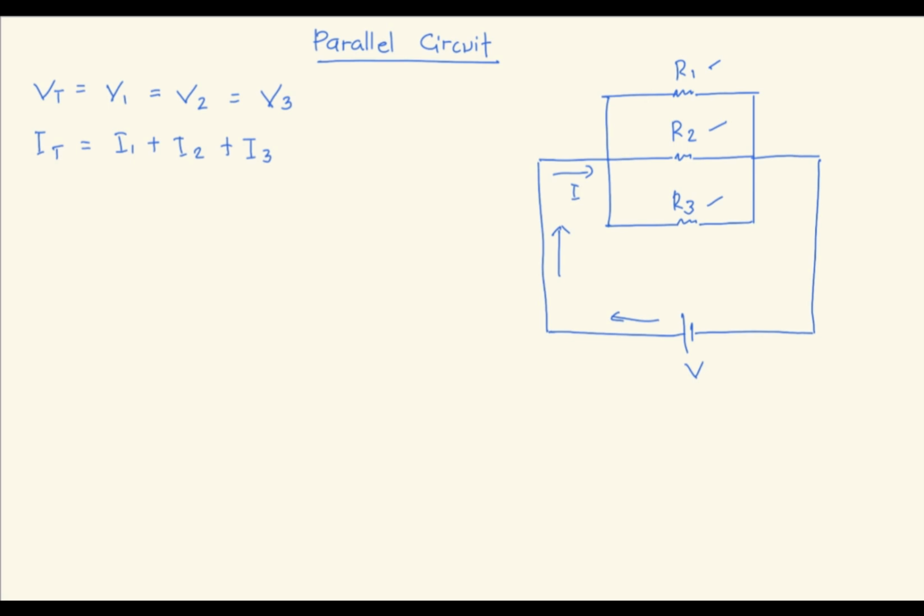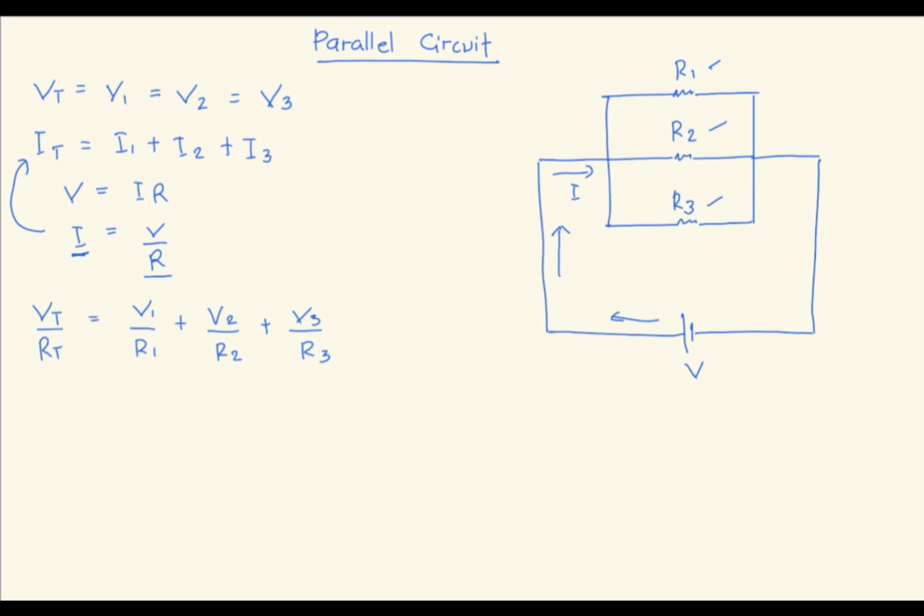And from Ohm's law, where V is equal to IR, from which I is equal to V divided by R, we can then substitute the equivalent of I, which is V divided by R, in here, so that we'll have Vt divided by RT equal to V1 over R1 plus V2 over R2, and the same as in 3, we have V3 divided by R3.